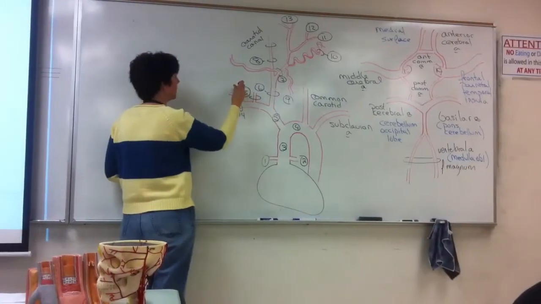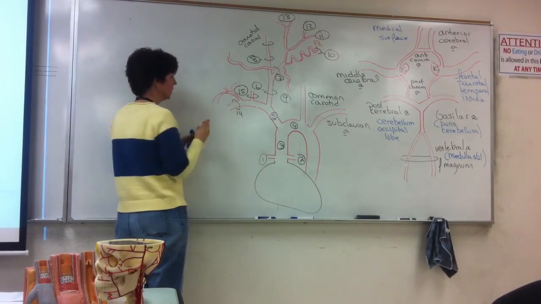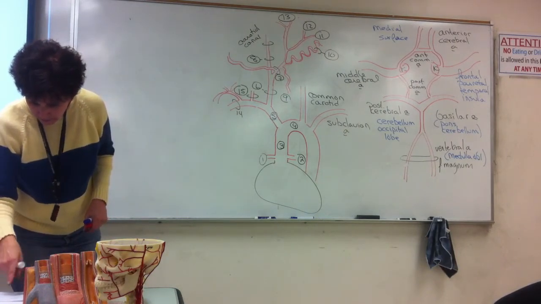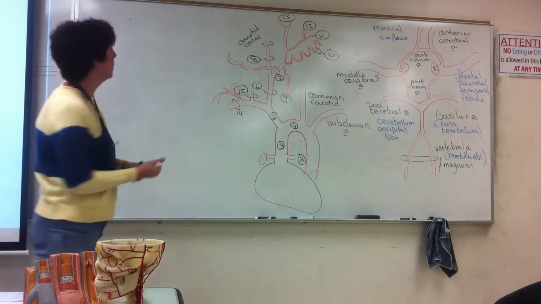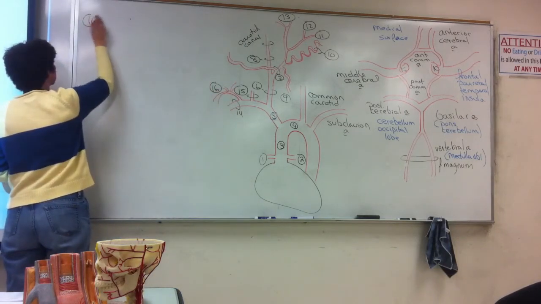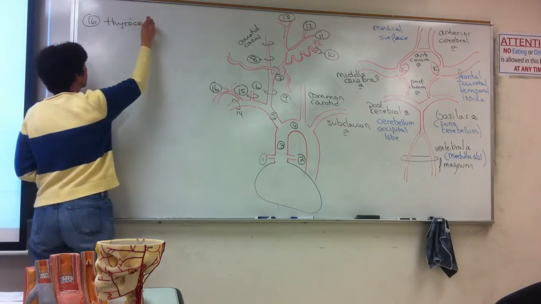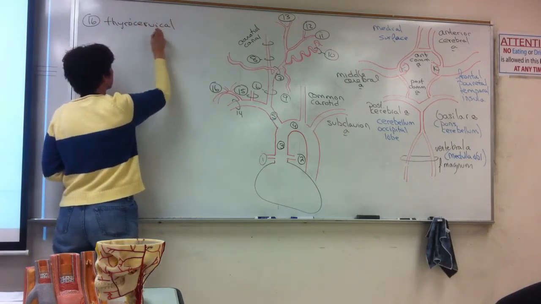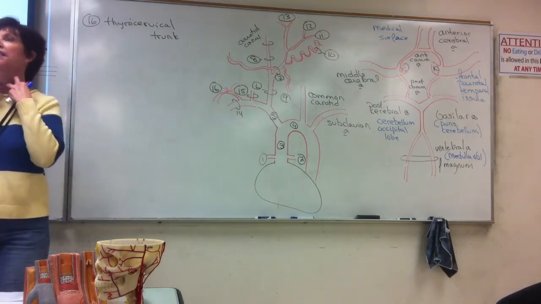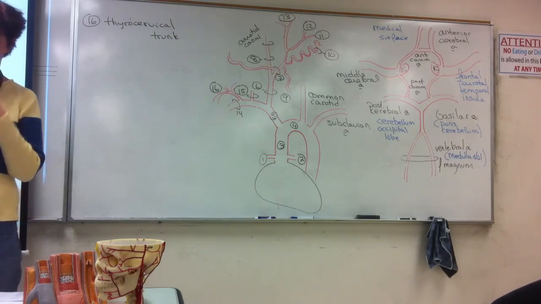It's going to give off branches to the neck, down to the back, over the scapula. Okay, so it's going to do this lower neck region as well as the back of the scapula. There's an artery that goes back to do the scapula.